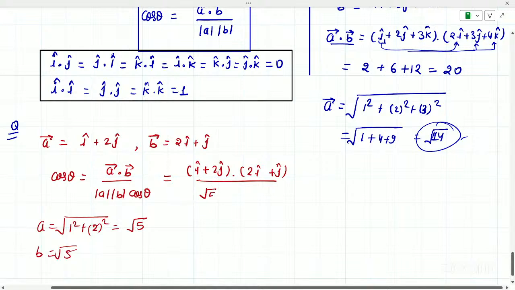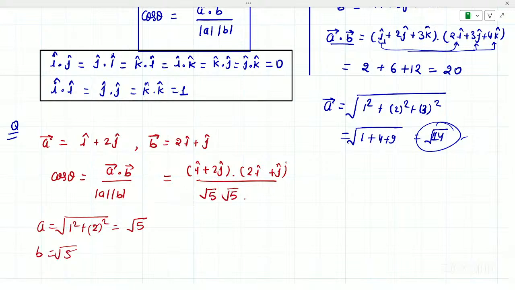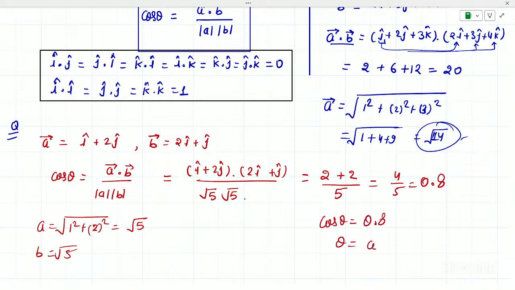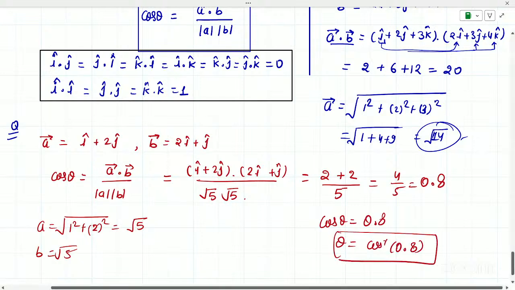So we have root 5 into root 5 in the denominator. And for the dot product, the same coefficients you have to multiply, I with I, which is 2, plus 2. The root 5 times root 5 will become 5. So 2 plus 2 is 4 by 5, which we can say is 0.8. Now here cos theta is 0.8. So theta will be cos inverse 0.8. This is the angle between these two vectors.